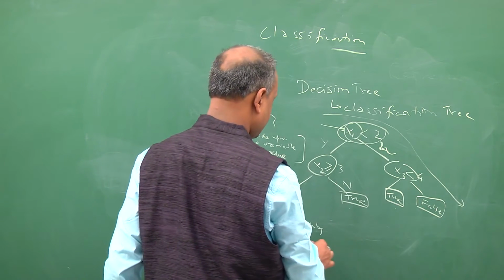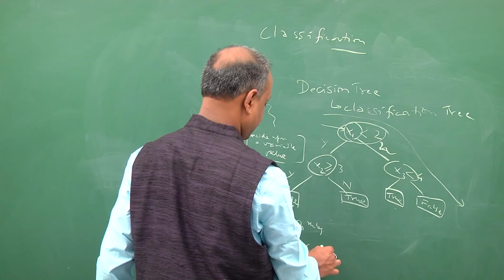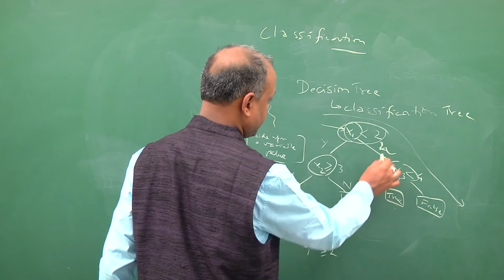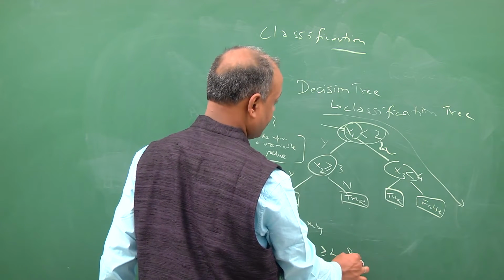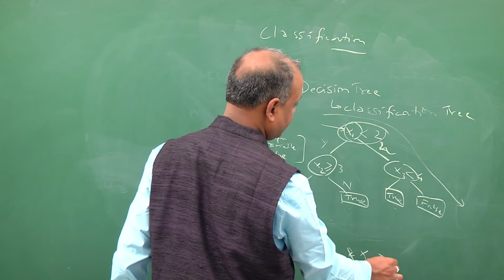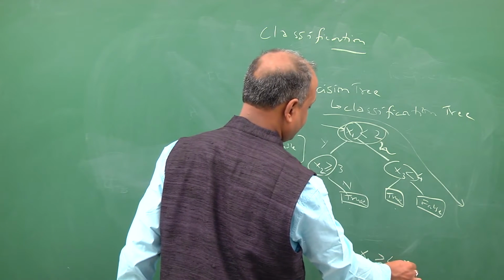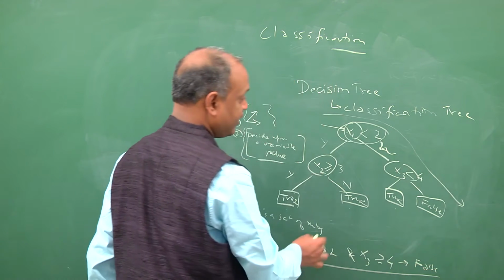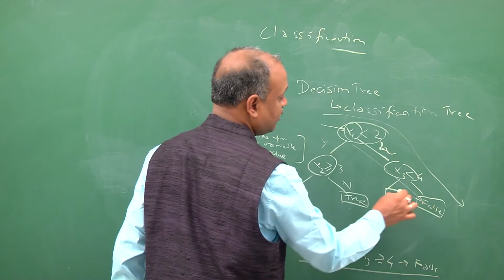For example, here we say x1 is greater than or equal to 2, which is this branch, and x3 is greater than or equal to 4 implies false. So this is one rule we generated by traversing this path.